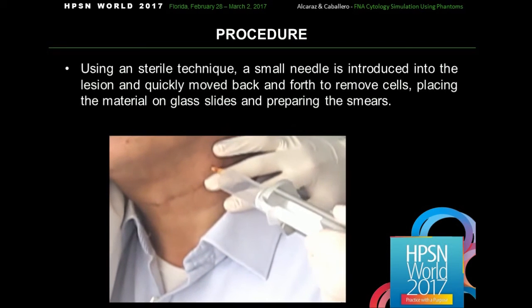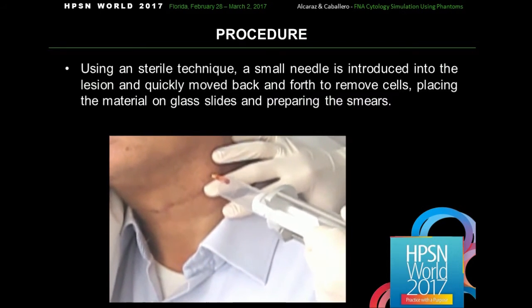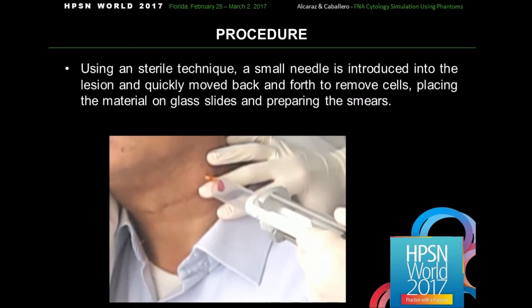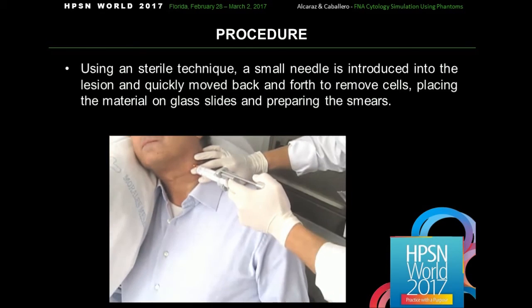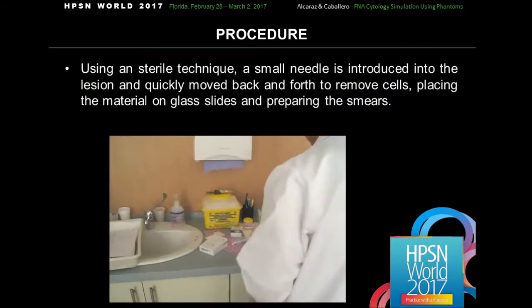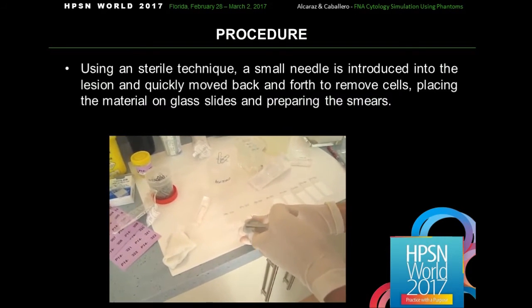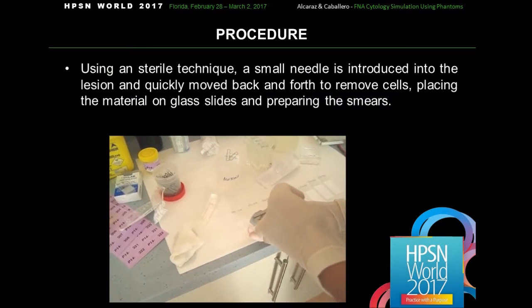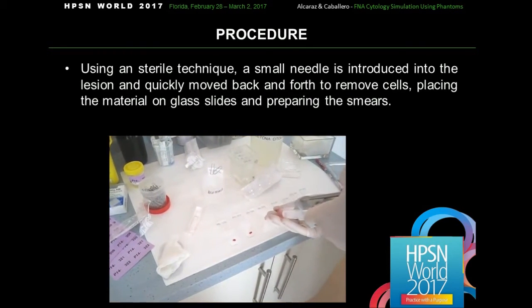Using a sterile technique, we introduce a small needle into the patient's lesion and move it back and forth until obtaining cells. After a few seconds, we withdraw the system and place the material on glass slides. So we need just a few seconds to obtain a good sample of the patient, minimizing the suffering.